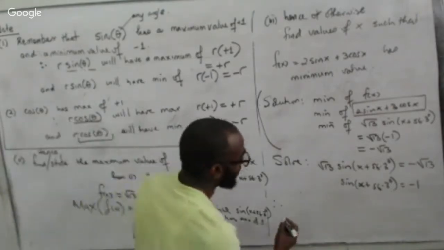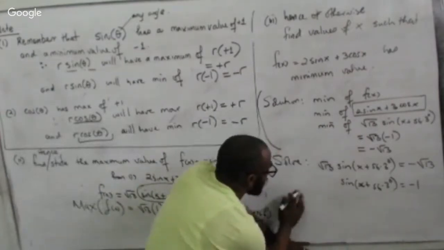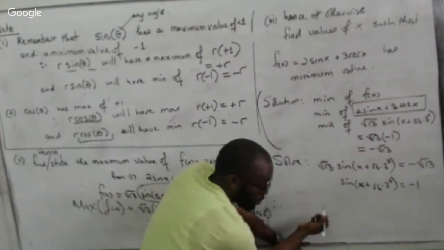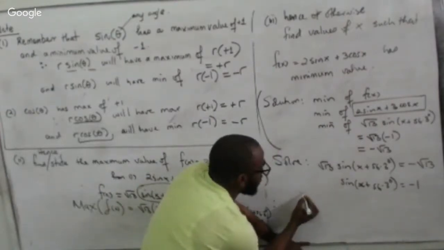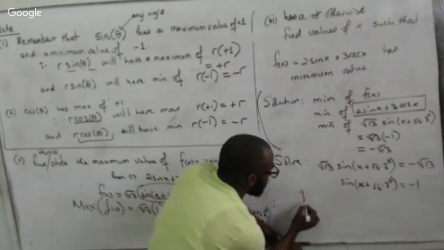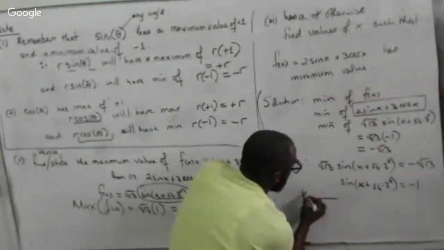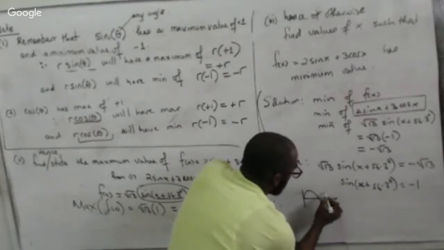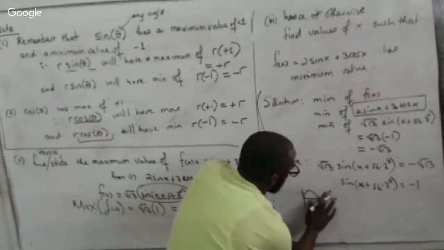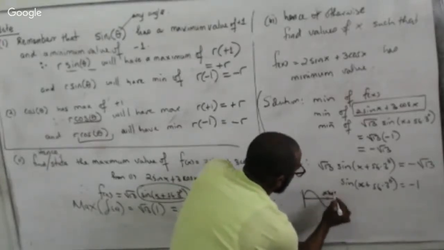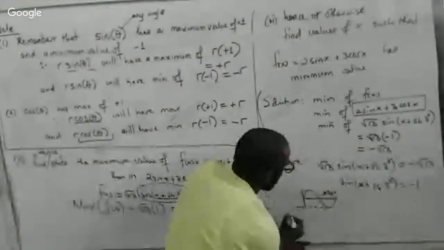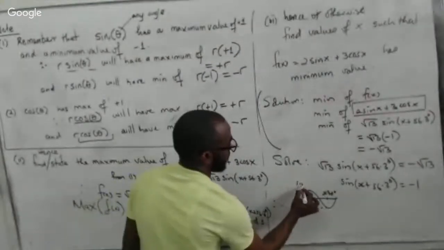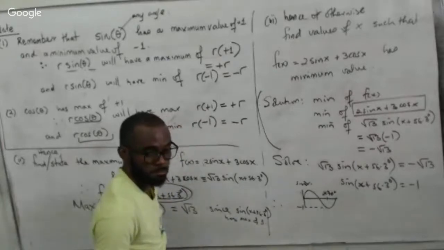So by use of the graph, I could see it. I can sketch the graph one time. At 270 degrees, that is when sine is negative 1. It's not so? Not so?